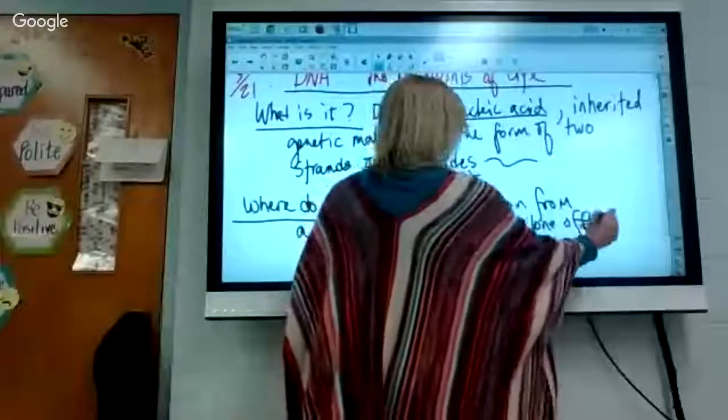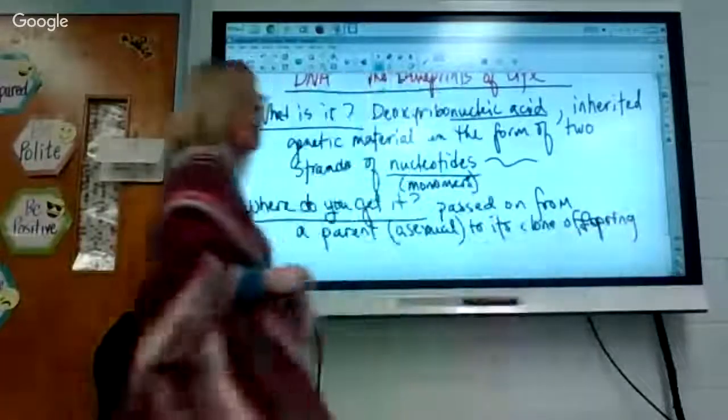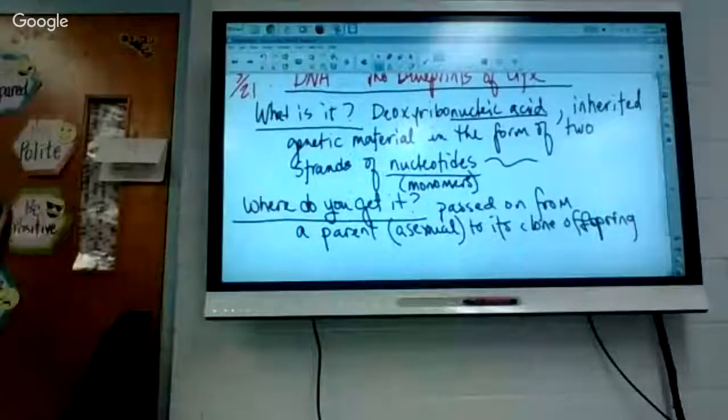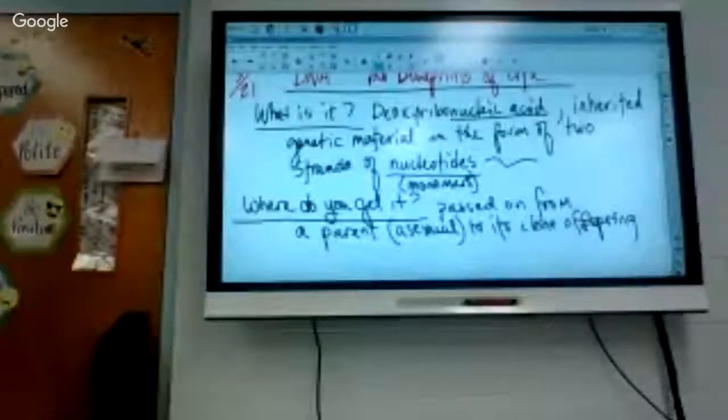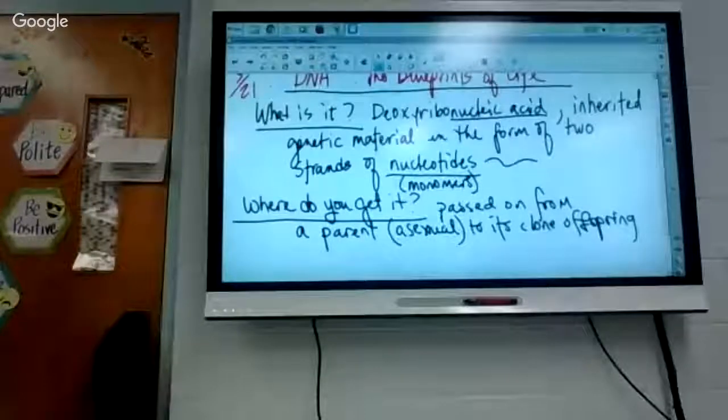So they may ask you a question, how would the arrangement of bases of an offspring compare to its parent if they're a product of asexual reproduction? So you would say it's the exact same, right?